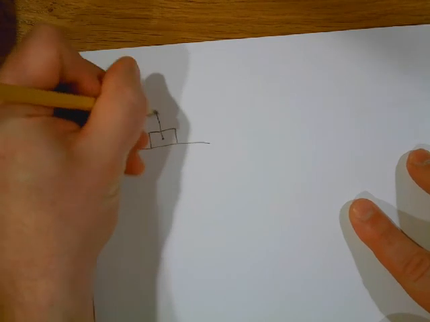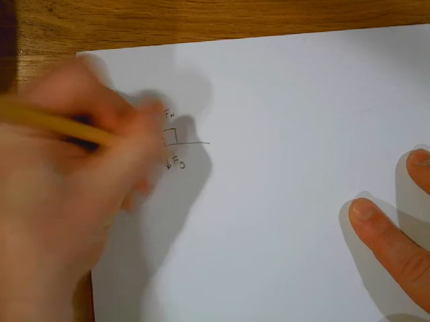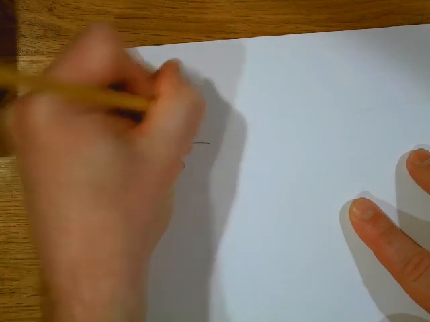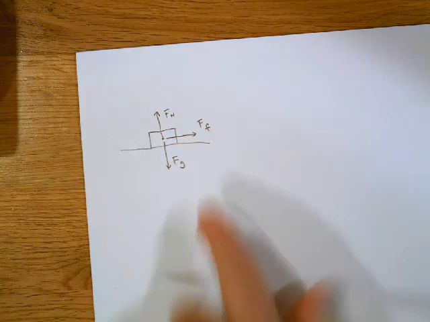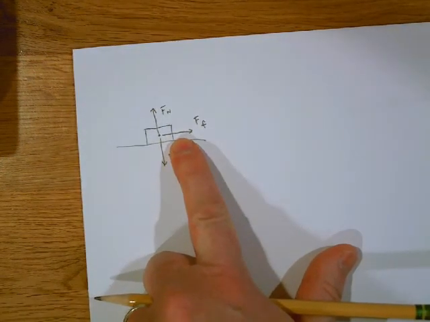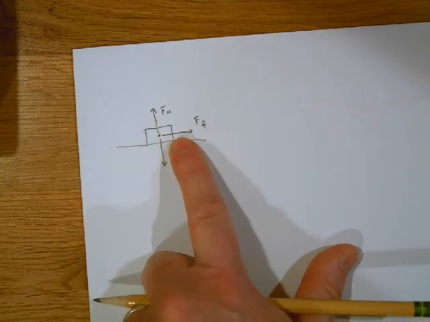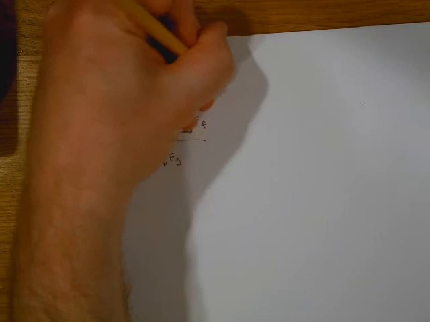So if I have a car going around a corner or a coin on a turntable, you get the normal force pointing up, you have the force of gravity pointing down, and then you would have static friction pointing that way. And then which way would this car be turning? It would have to be turning to the right. Why? Because it has to accelerate towards the center. The centripetal force always points towards the center.